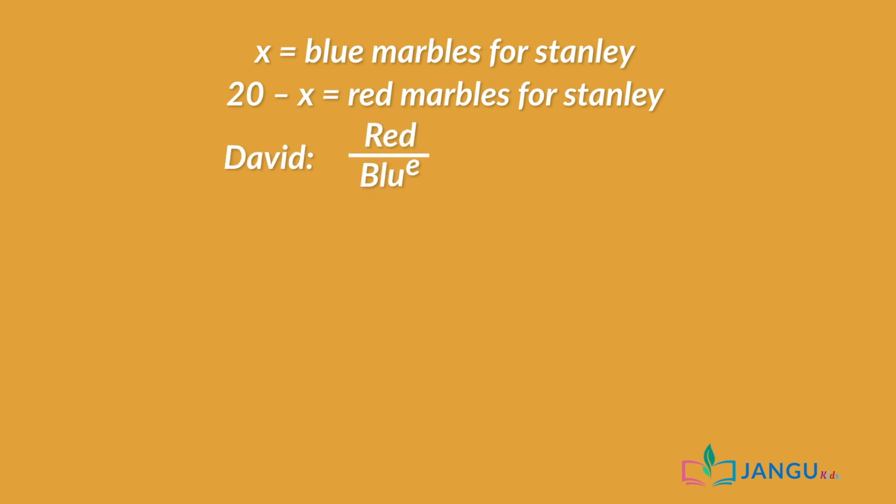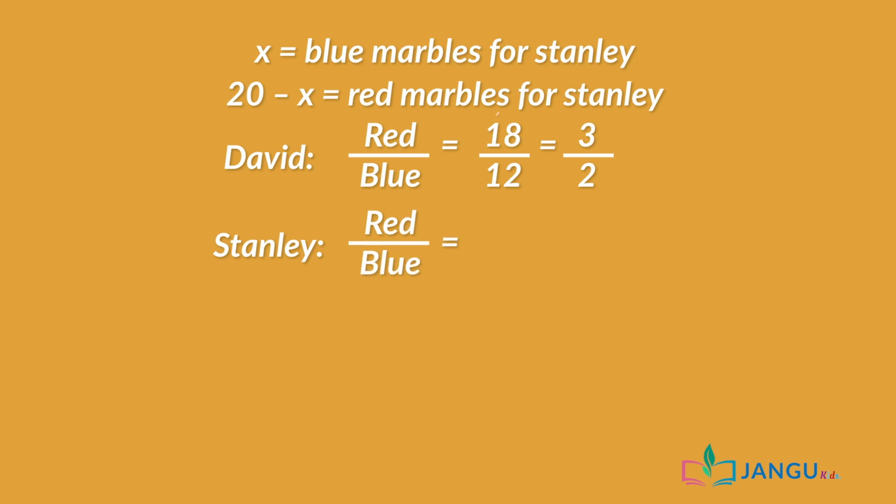Red over blue is equal to 18 over 12, which is also equal to 3 over 2. We use the same ratio for Stanley. Red over blue equals 3 over 2 equals 20 minus X divided by X.